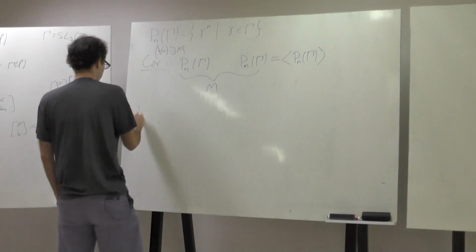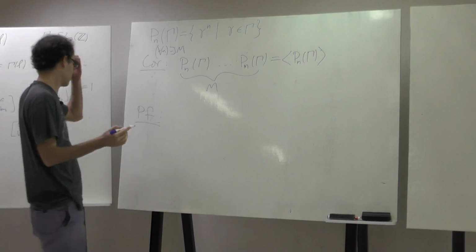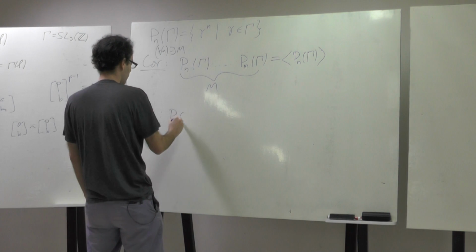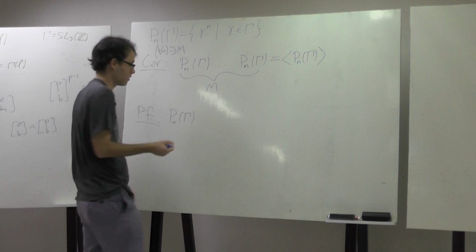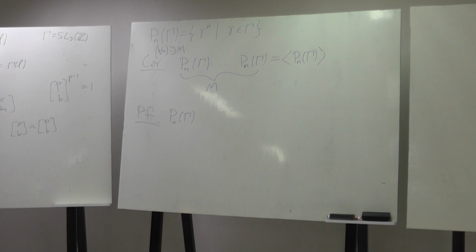So the proof, probably you all see it, but the claim is that Pn gamma is closed under conjugation, and it contains at least the element E12 to the n.